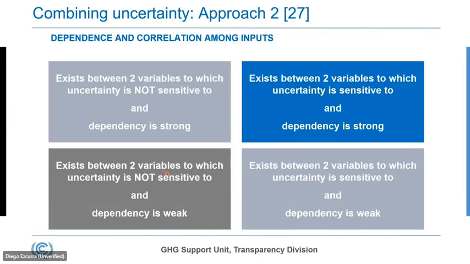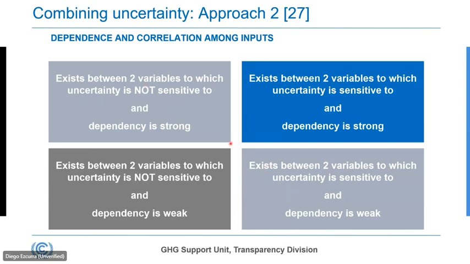That's the best case. Then we may have two cases where either the dependency is weak, but the sensitivity of the variable is high, or the dependency is strong, but the importance of that variable is not high to the total uncertainty.